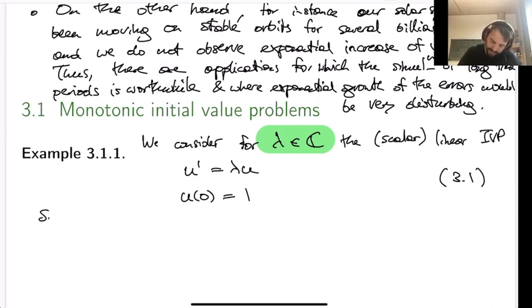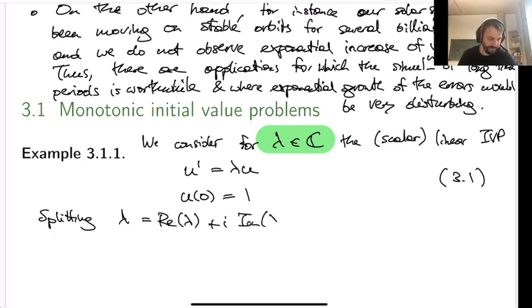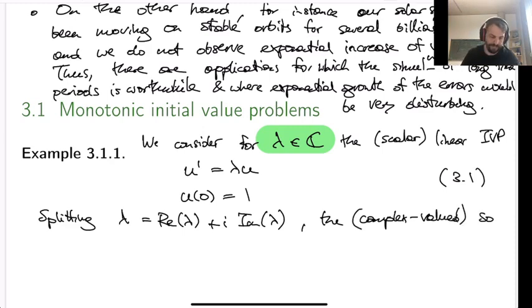So splitting lambda into real part plus imaginary part, the complex valued solution to this problem is, you can just do an ansatz and find it.